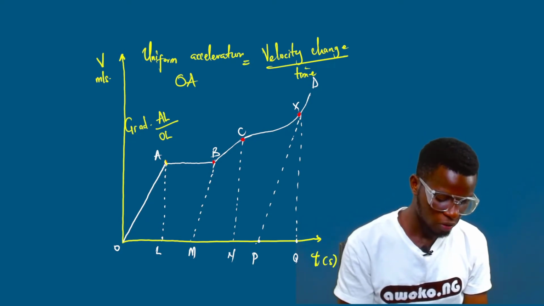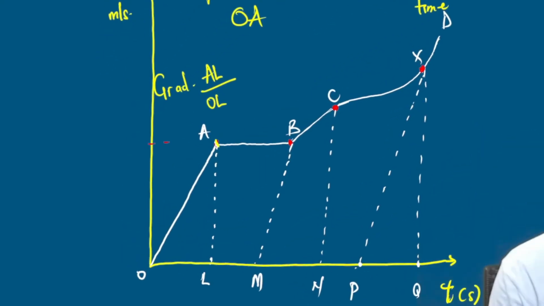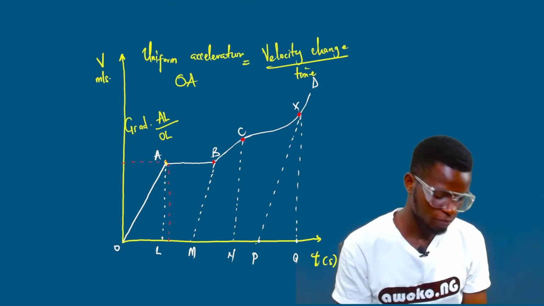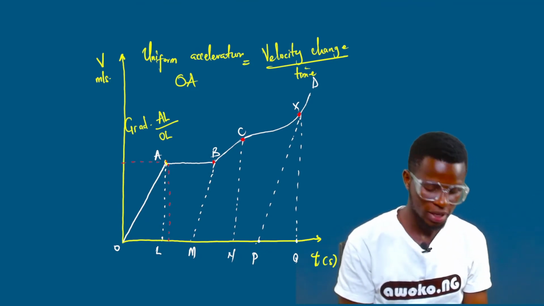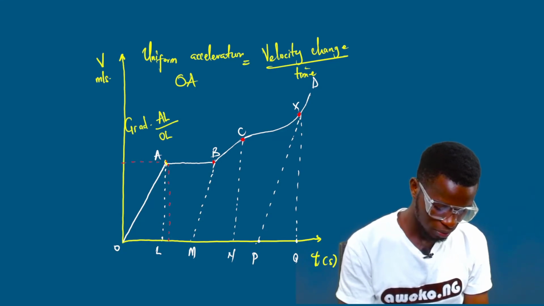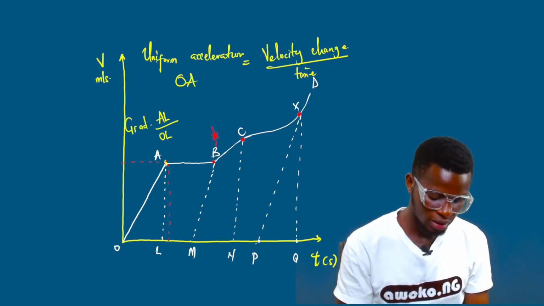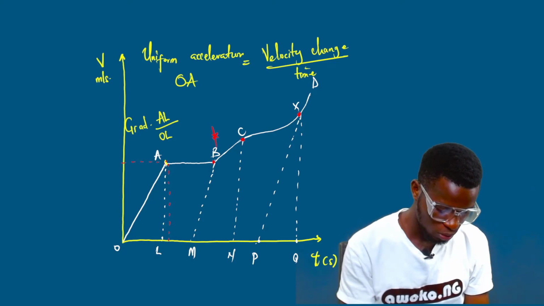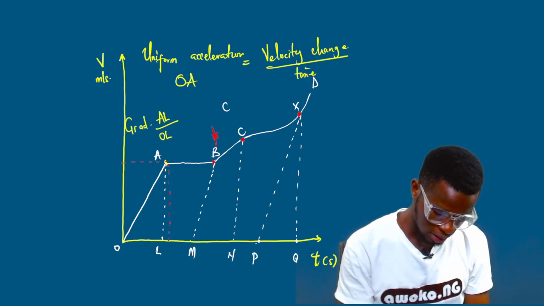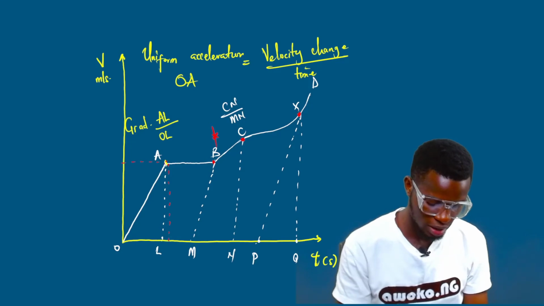So the gradient of this particular motion is equal to AL all over OL. All right. So if we consider at point B, at this particular point, the gradient is equal to CN all over MN. And how do we get that?